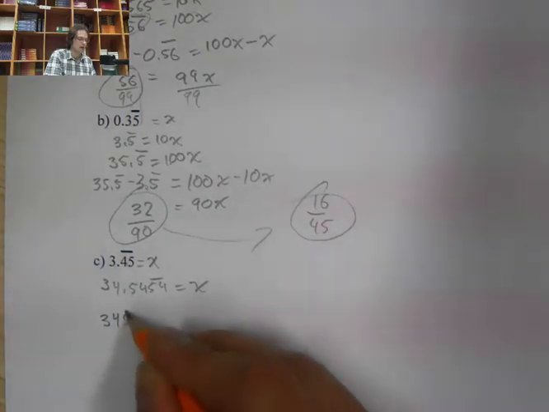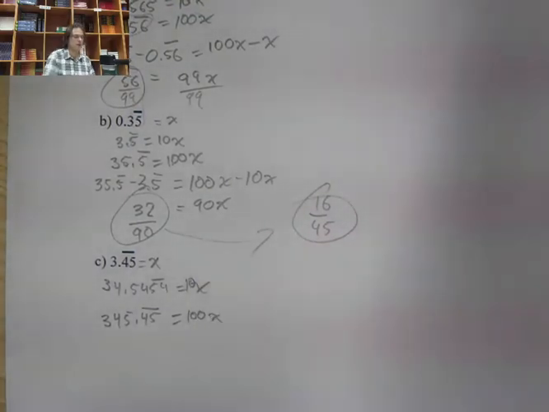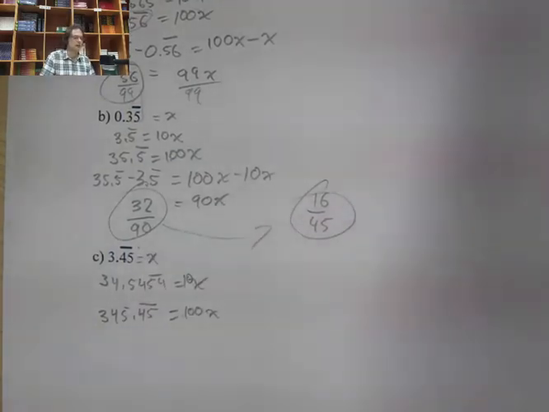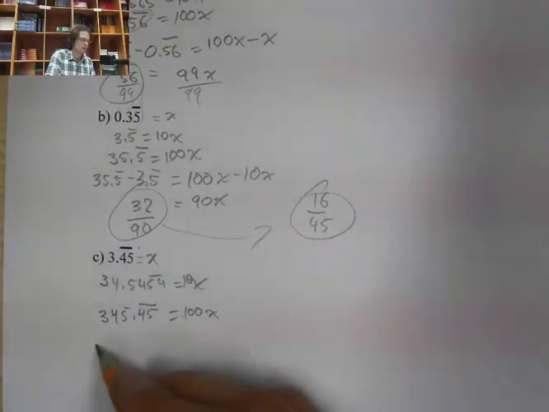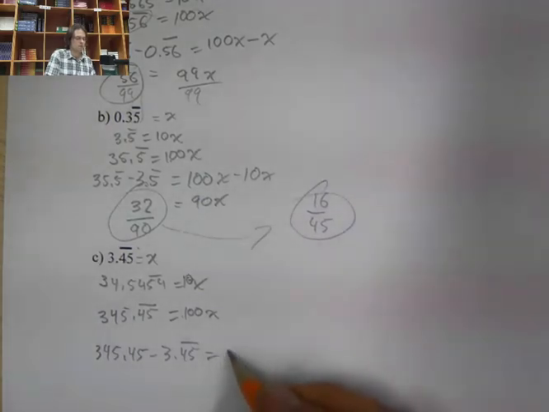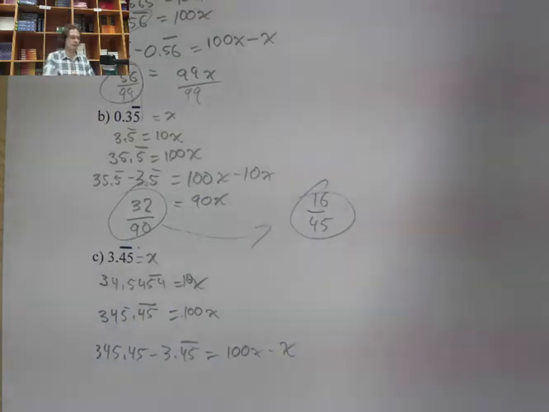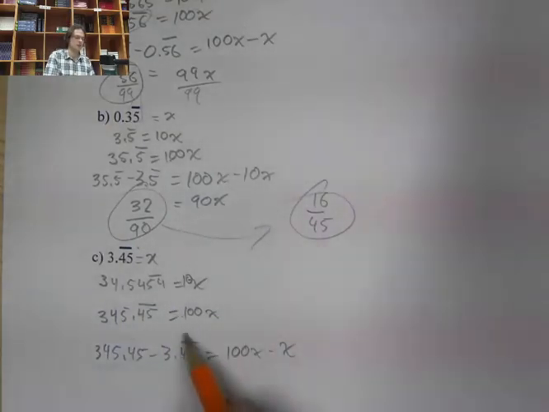345.45, and it's 4, 5, 4, 5 repeating. This is 100x. So now let's subtract. I could go this and that. So I'm going to have 345.45 repeating subtract 3.45 repeating is equal to 100x subtract x, because this is the value of 100x, this is the value of x.